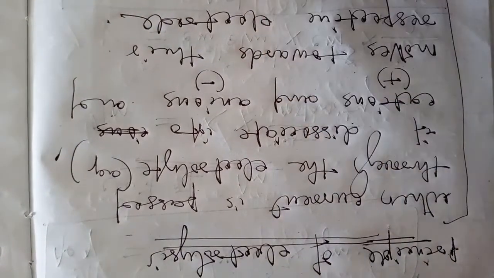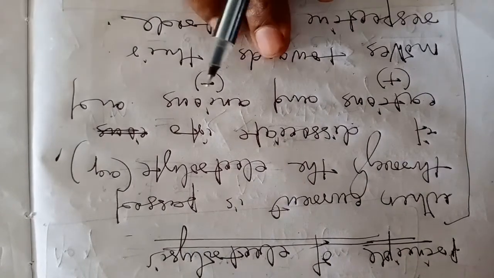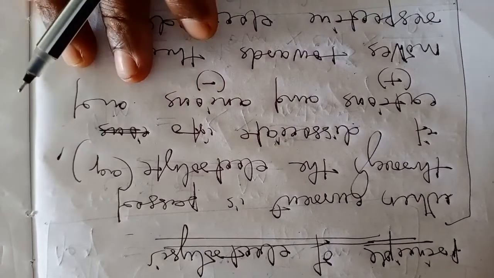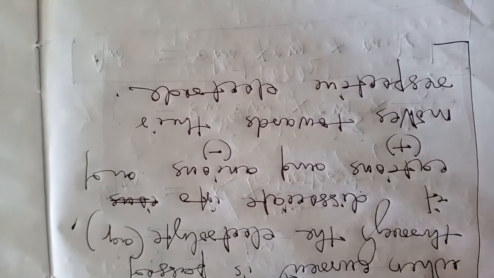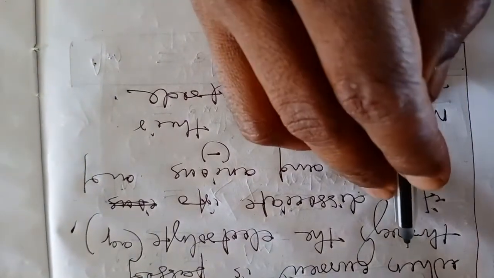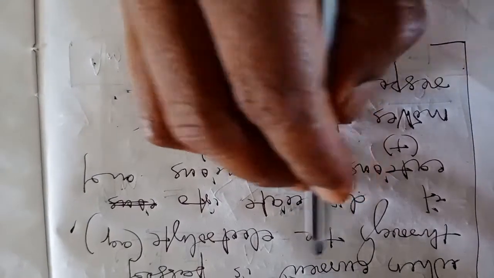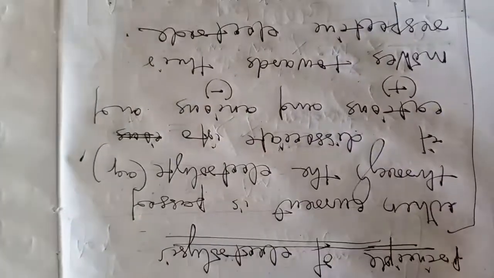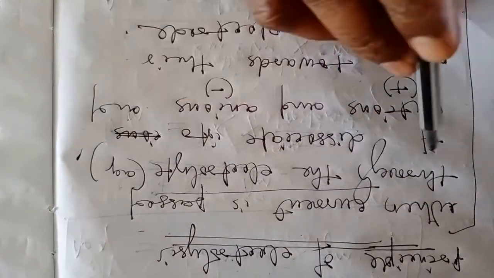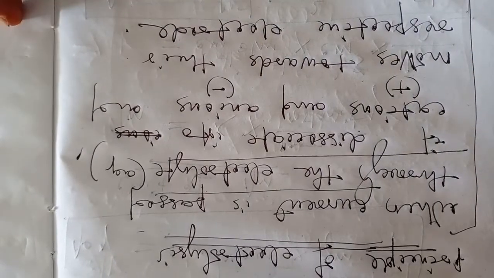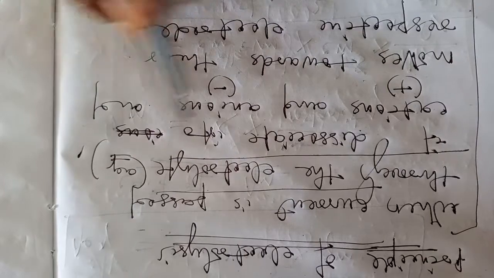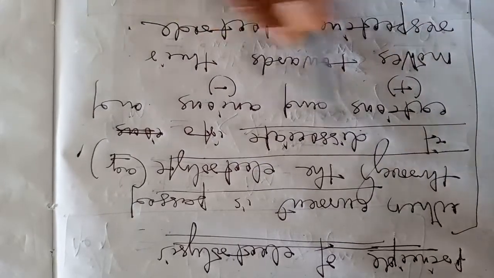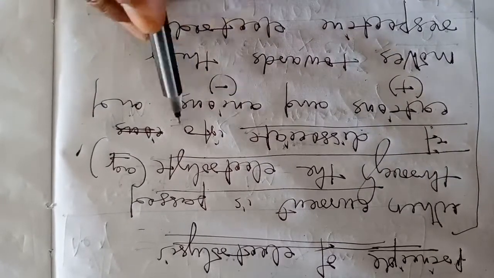This will be better understood after drawing the diagram. First you have to understand the principle: when current is passed through the electrolyte in aqueous form, the electrolyte dissociates into ions.